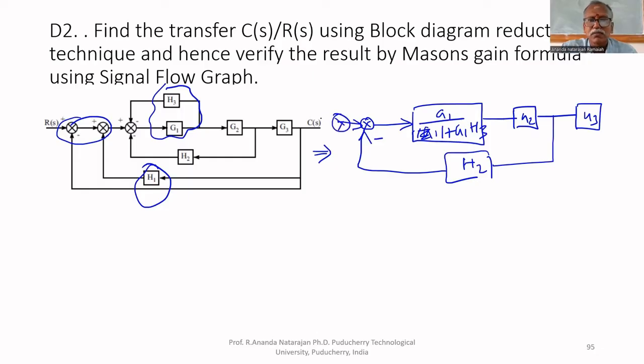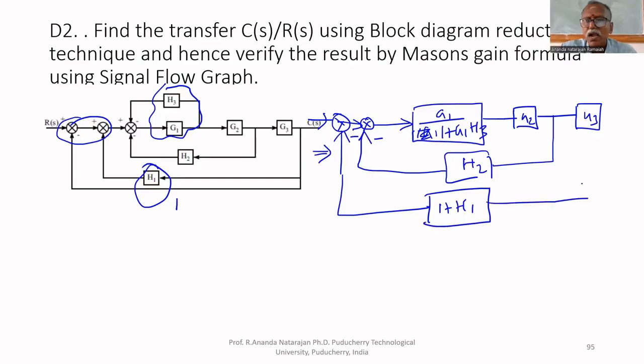And sorry, one more minus is required. These two can be combined. This is 1, this is H1. Therefore, 1 plus H1. We can put 1 plus H1 and we can connect here.